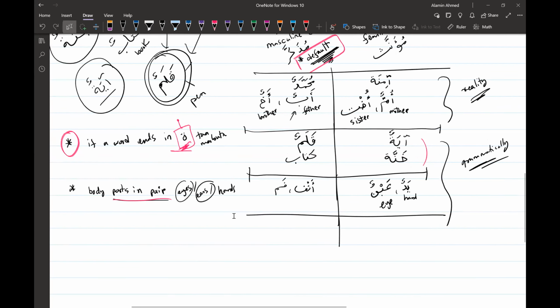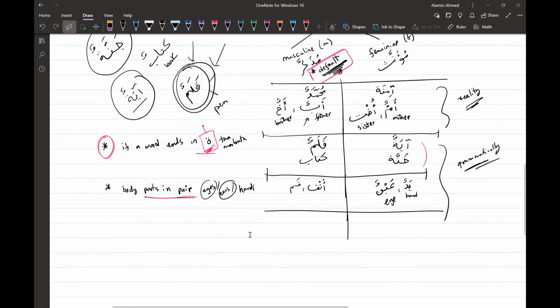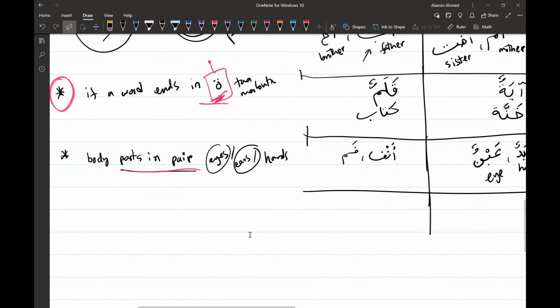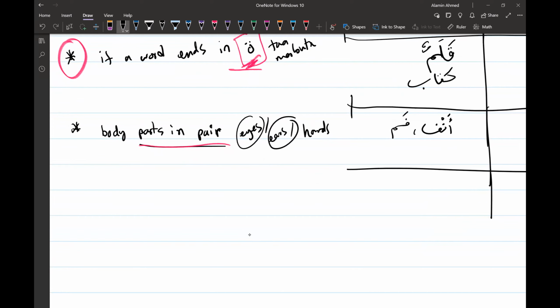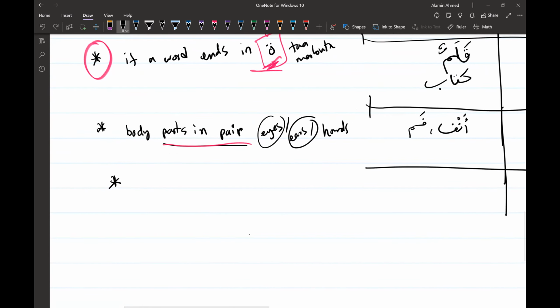Most grammar books don't bring these exceptions in the beginning, but we have to learn them because these words are used in the Quran very extensively, and you'll see as soon as I start mentioning them.